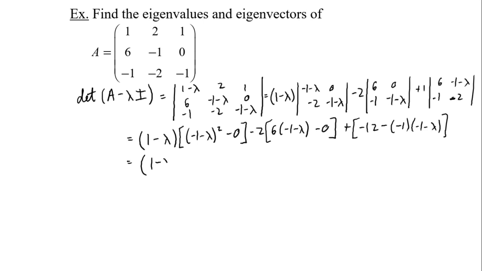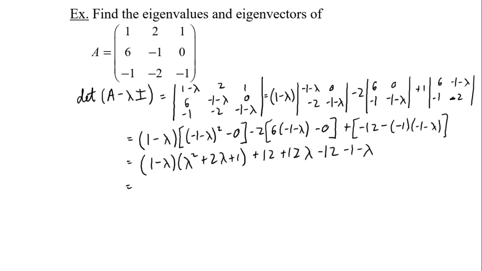So 1 minus lambda times, so FOIL that out, I'm going to get lambda squared plus 2 lambda plus 1. Let's see, looks like it'll be plus 12 lambda minus 12 minus 1 minus lambda.